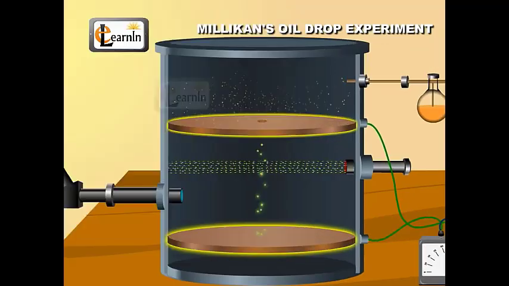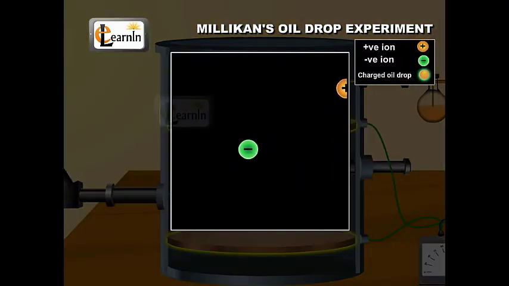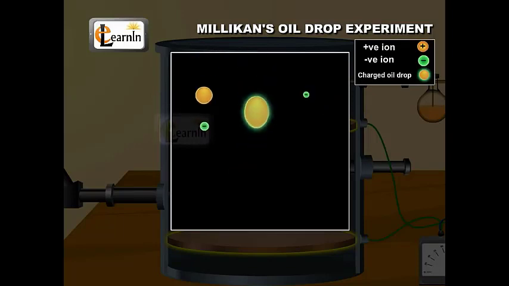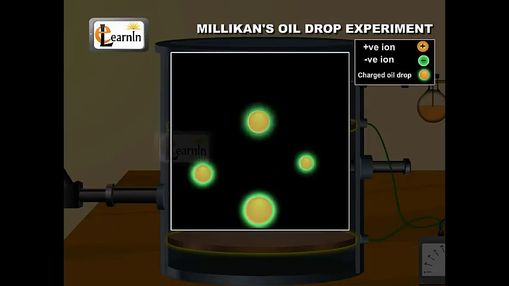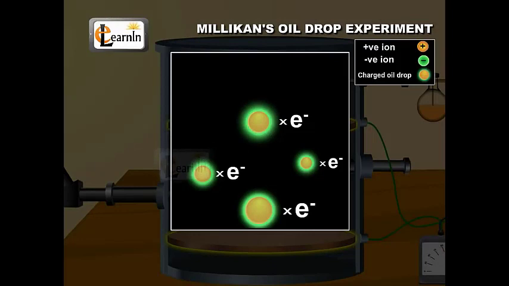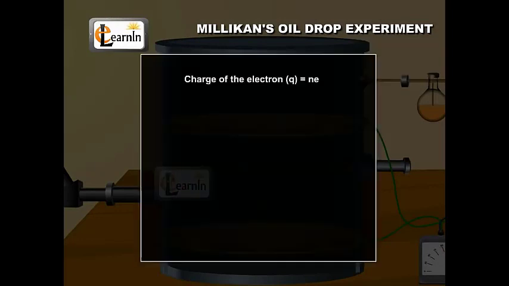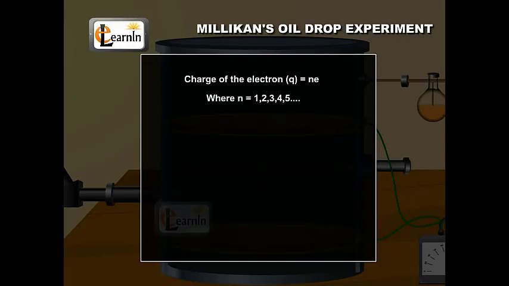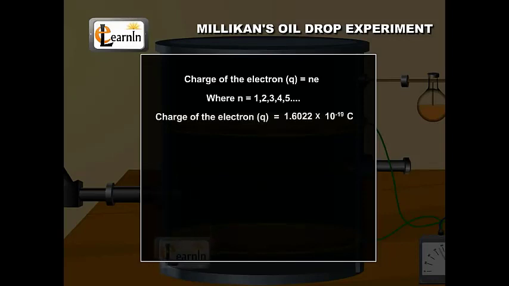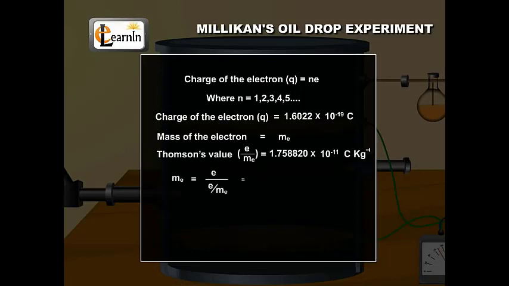With this experiment, he observed that the magnitude of electrical charge q on the droplets is always a multiple of electrical charge e. That is, q equals ne, where n equals 1, 2, 3, and so on. Using the value of the charge of the electron, the mass of the electron, me, was then determined by combining it with Thomson's e by me ratio.